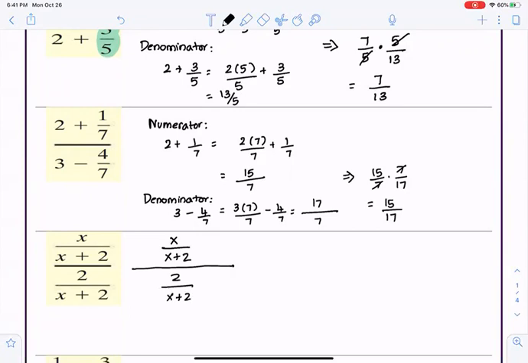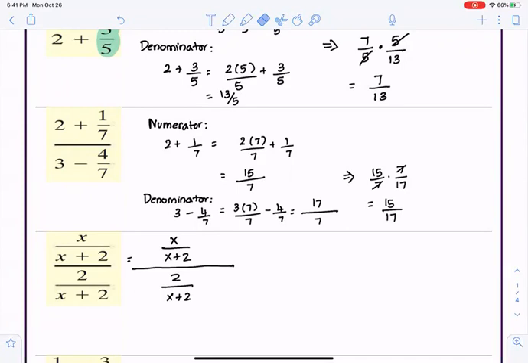If you're able to recognize it just by looking at the problem, great. But if not, draw a bigger line for the fraction.